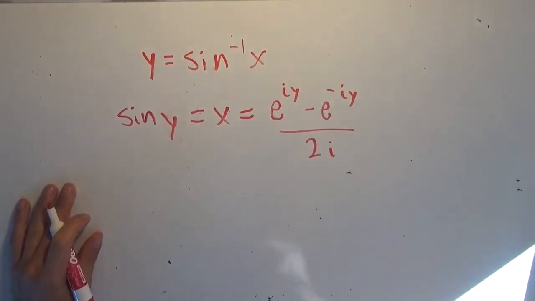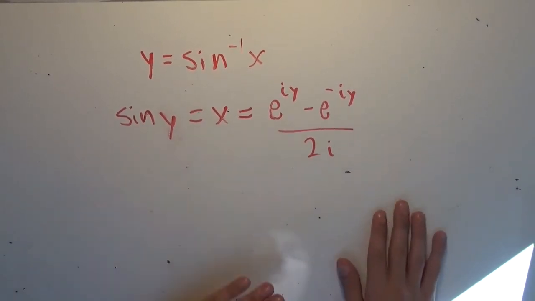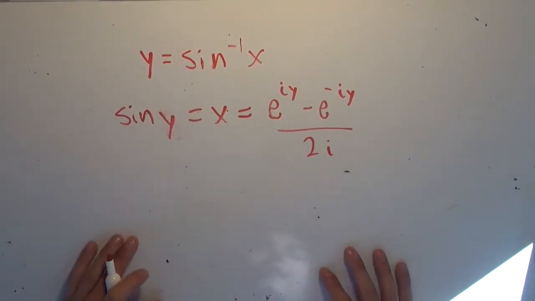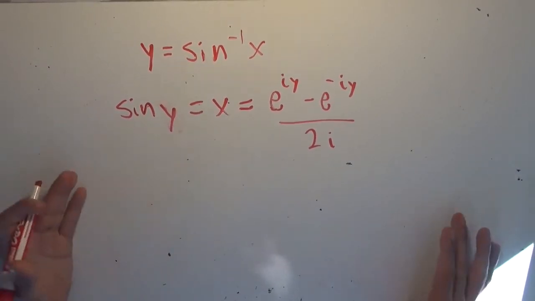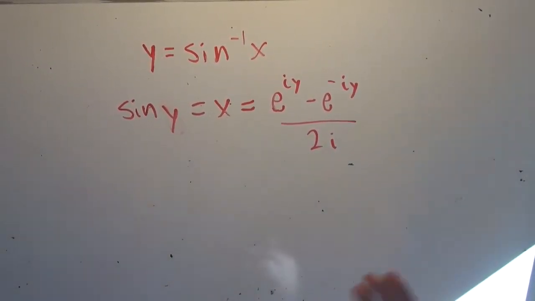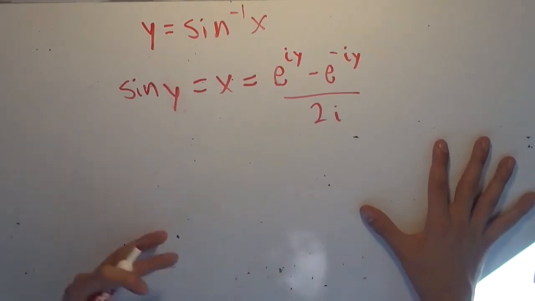And all we're going to do is do the exact same steps. We're going to multiply 2i over, multiply through by e to the iy, combine all the like terms together, and use the quadratic formula. The only difference is that we've got a factor of i, but i is just a number, right? We can treat it as such, and there's no difference.